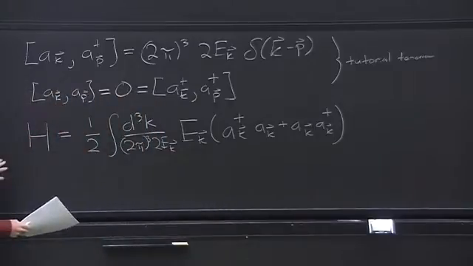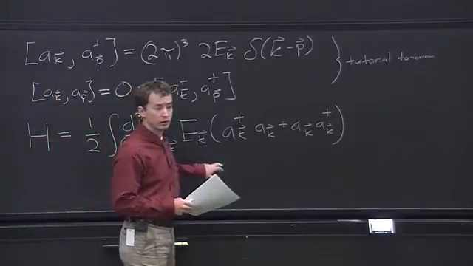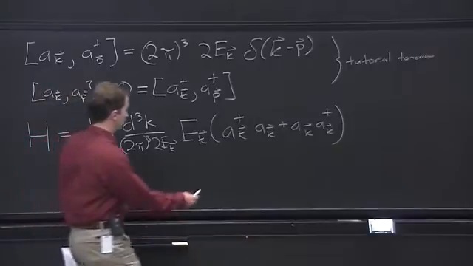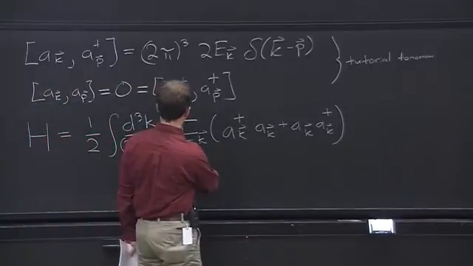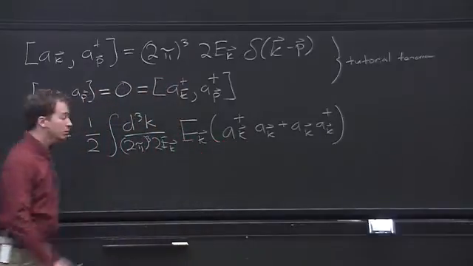And so this might look somewhat familiar. If we just look at a quantum harmonic oscillator, the Hamiltonian looks like omega a dagger a.